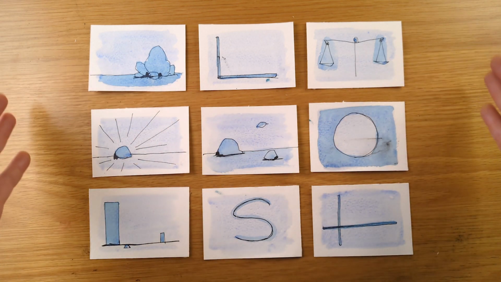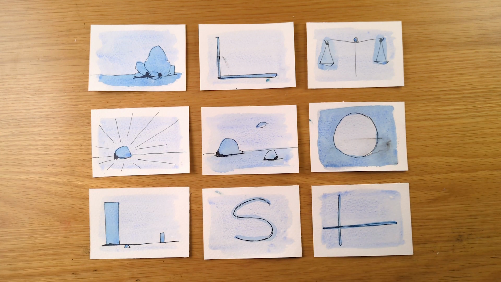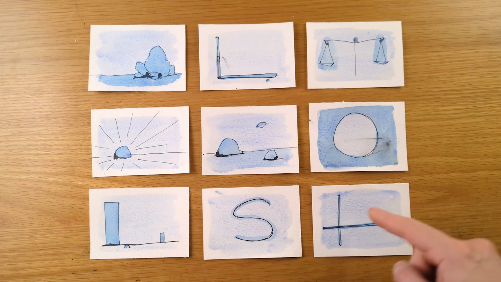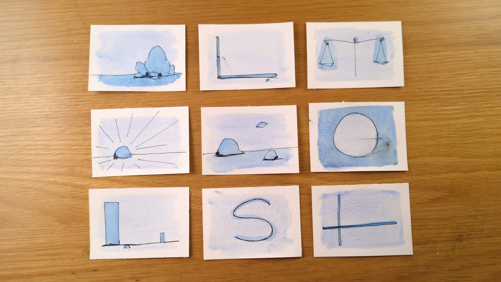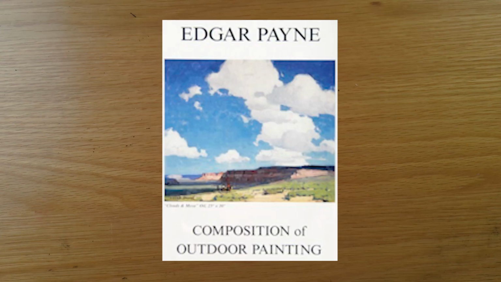So I'm going to show you 9 different compositional structures that will help you compose and create scenes when you're sketching and painting outside. These 9 structures I've taken from this book, Edgar Payne's Composition of Outdoor Painting. This is a really old book.